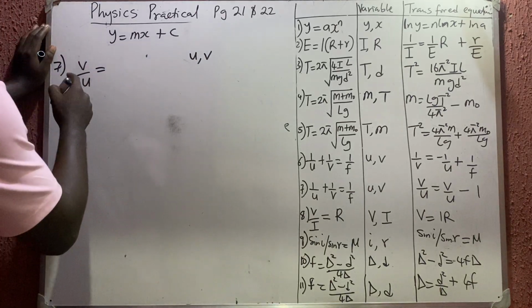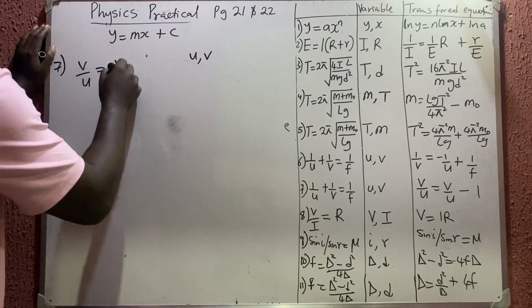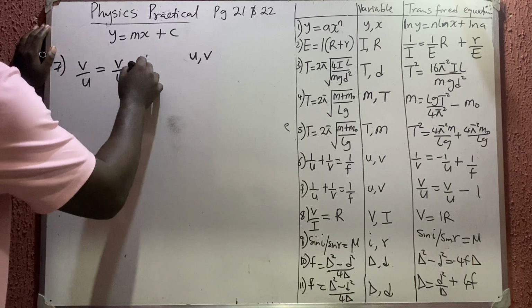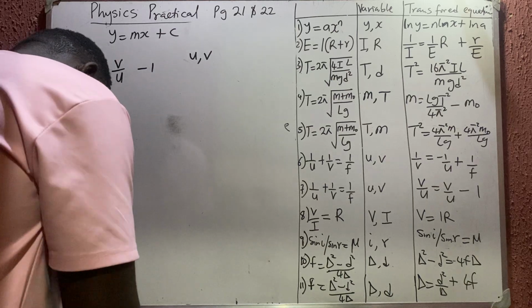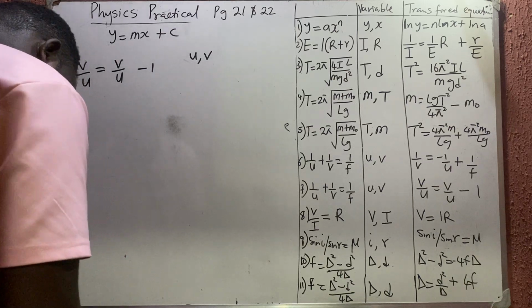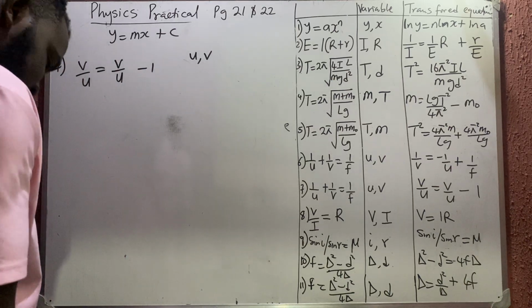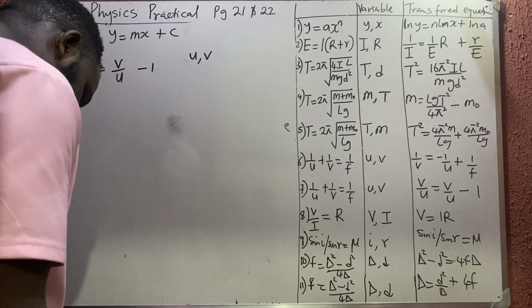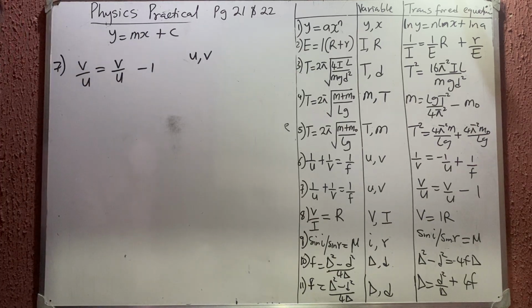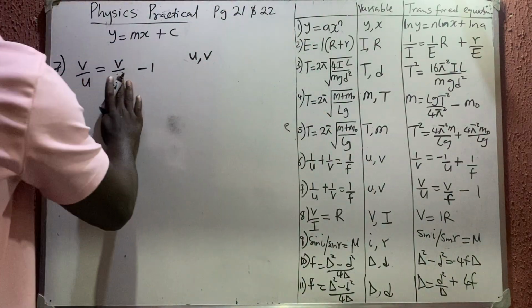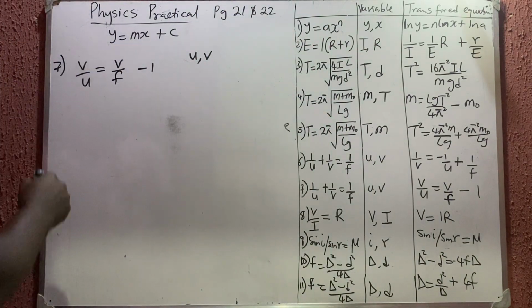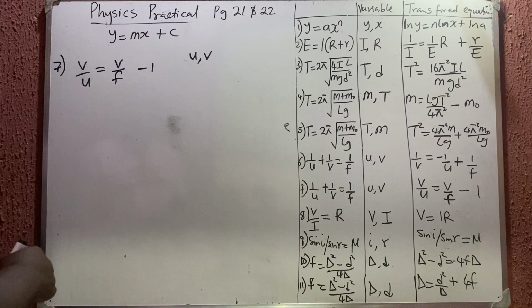So v over u is equal to, let me check, number 7 said v over u is equal to v over f, then minus 1.